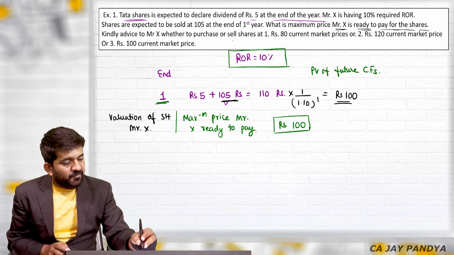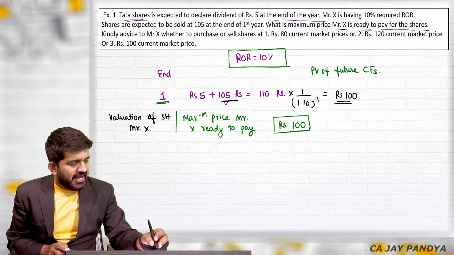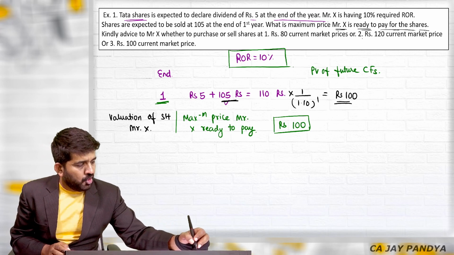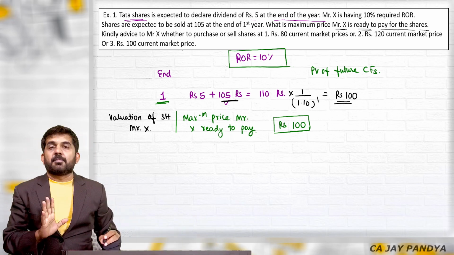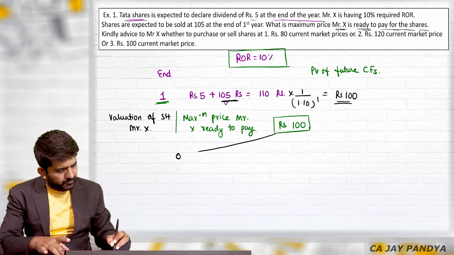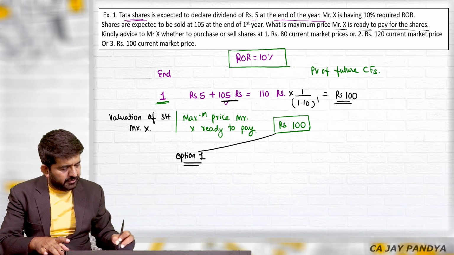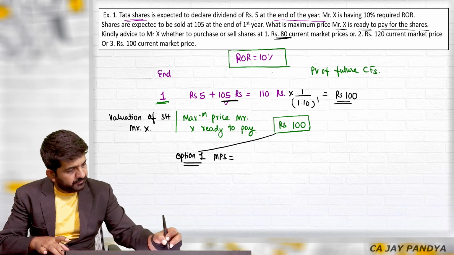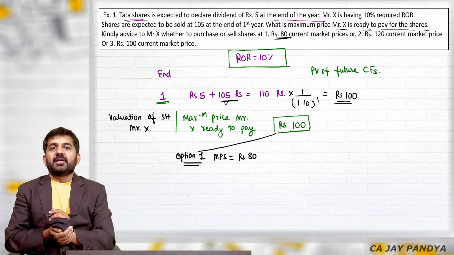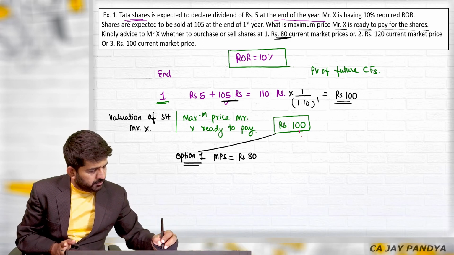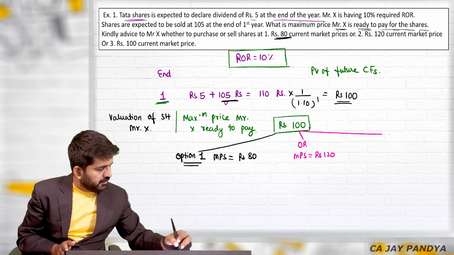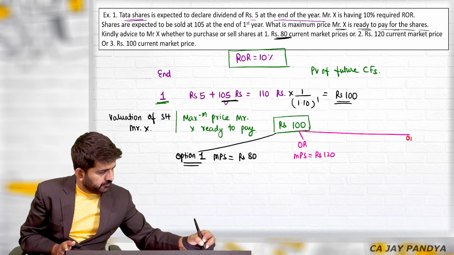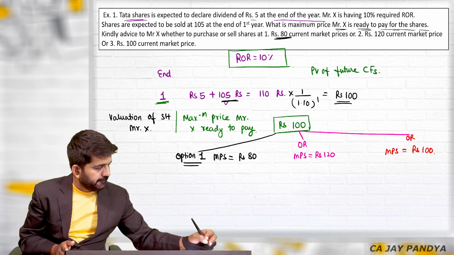What is the maximum price X is ready to pay for the share? It is rupees 100. Whether to purchase or sell the share: option number 1, if the market price of the share is rupees 80; option number 2, if the market price of the share is rupees 120; or option number 3, if the market price of the share is rupees 100.